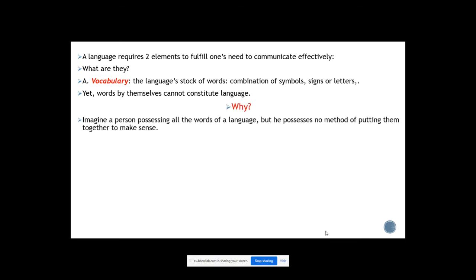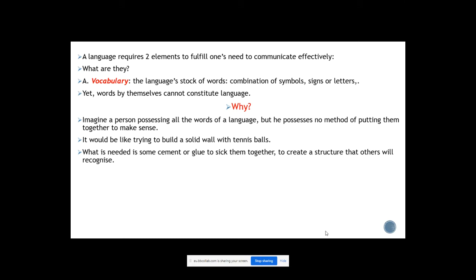Imagine a person possessing all the words of a language, but no method of putting them together to make sense. It would be like trying to build a solid wall with tennis balls. What is needed is some cement or glue to stick them together to create a structure that others will recognize.